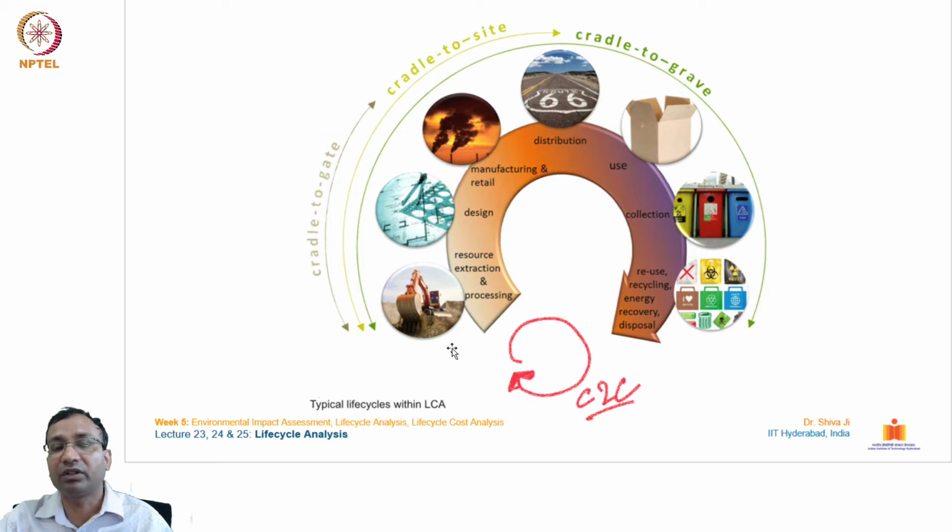So from these ore mines to this manufacturing unit, this becomes cradle to gate. And from this place to the place of its distribution, it becomes cradle to site. Then cradle to grave is when it is recycled or reused or disposed of.